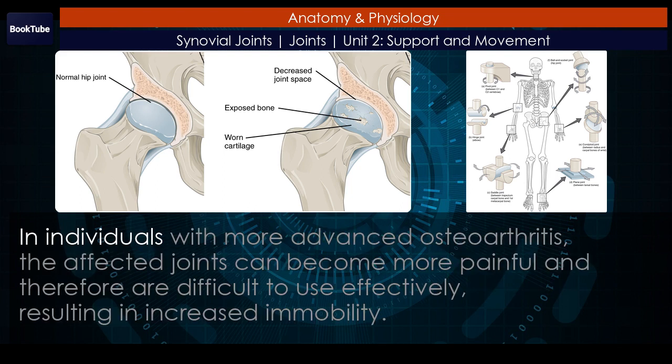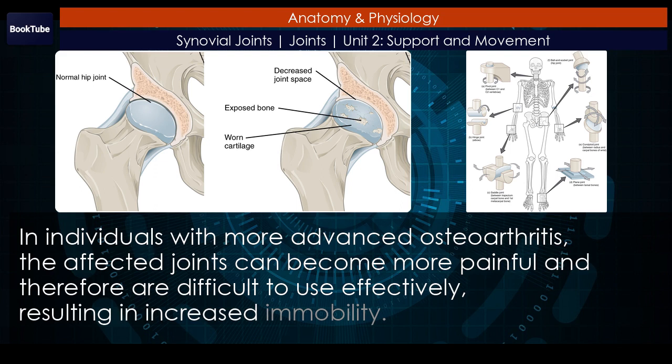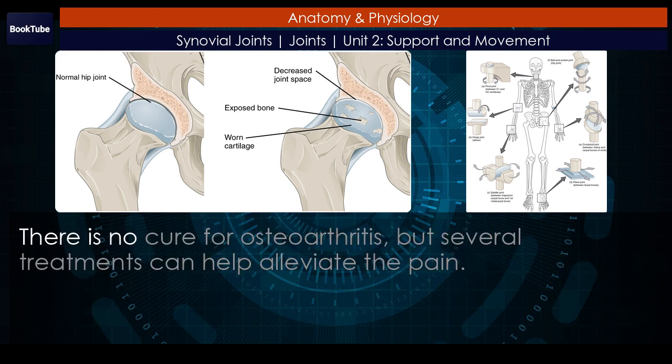In individuals with more advanced osteoarthritis, the affected joints can become more painful and therefore are difficult to use effectively, resulting in increased immobility. There is no cure for osteoarthritis, but several treatments can help alleviate the pain.